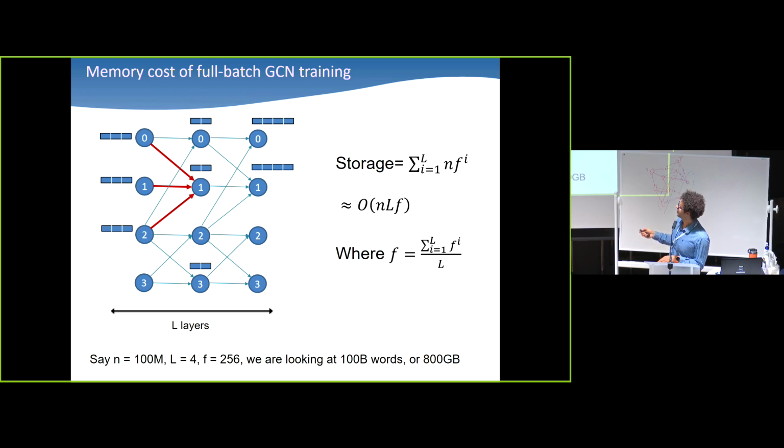My memory consumption is n times L times F, where n is the number of vertices, L is the number of layers in the neural network, and F is the average dimension of the features. So you can take some numbers and see that you would need a terabyte just for a 100 million node graph, and we already talked about bigger graphs, deeper networks, and so on. So this quickly requires distributed memory, not only for storage, but because it's so expensive.